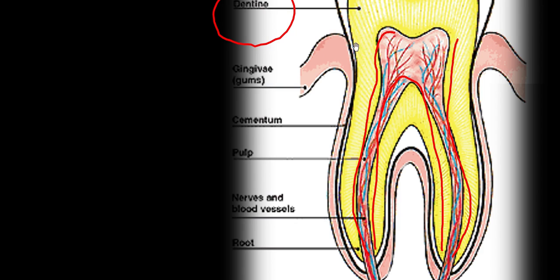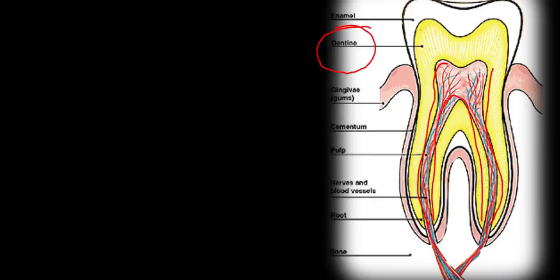This one is the gums region in which the neck region is present. This layer is called the cementum layer, which covers the root, present between the bones and the dentin layer.